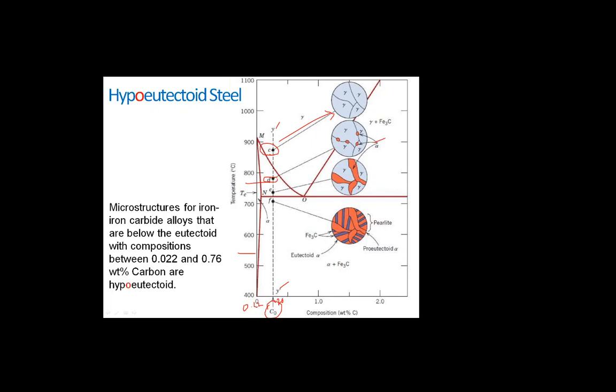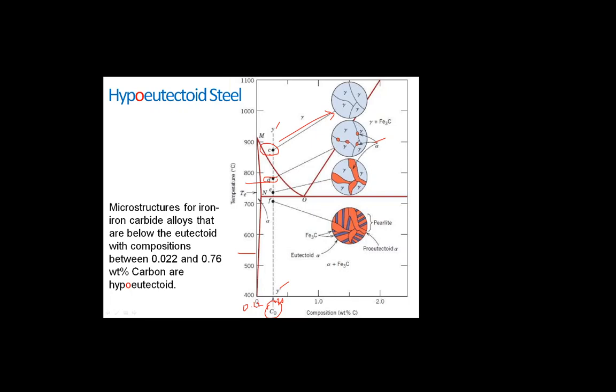Further on, most of the small alpha particles will form along the original gamma grain boundaries. The compositions of the alpha and gamma phases may be determined using the appropriate tie line, and these correspond to 0.02 and 0.4 weight percent carbon.